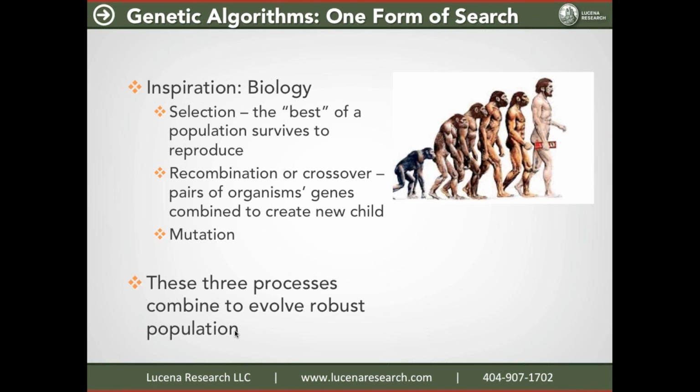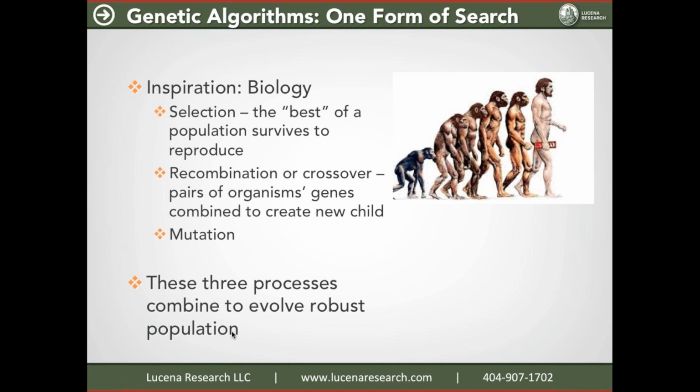Next, we need some way of combining individuals. In nature, this occurs through mating and sharing of genes. Specifically, there are two key activities going on there. One is called crossover, which is how the genes from one individual and another individual combine such that the offspring is some sort of mixture of the two.